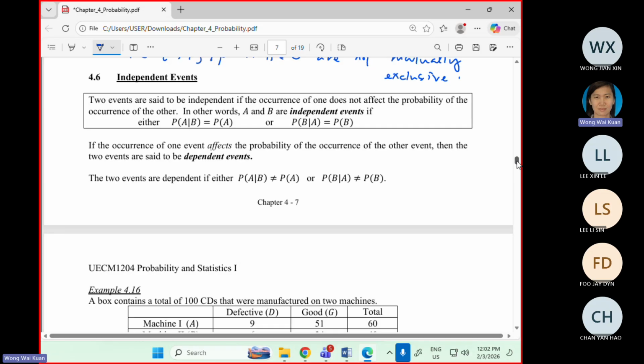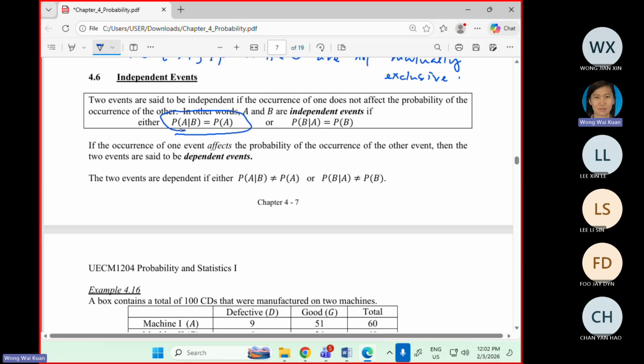So now, how do we say this sentence? We can say the probability of A when you know B or you do not know B are the same. This one is when you know B first, this one is when you do not know. So whether you know B first or not, they will be the same.